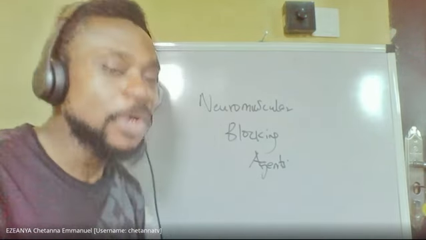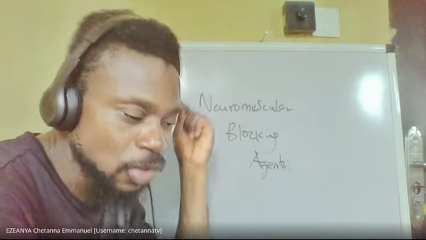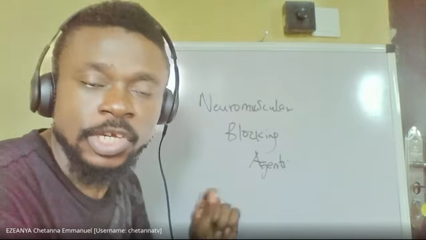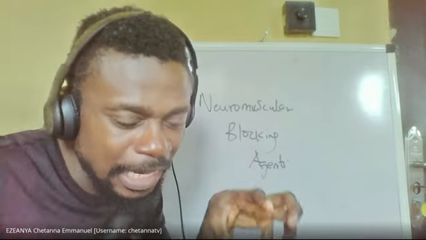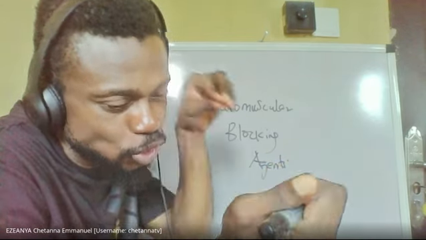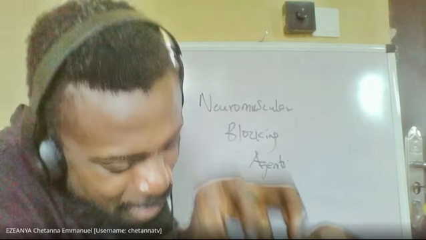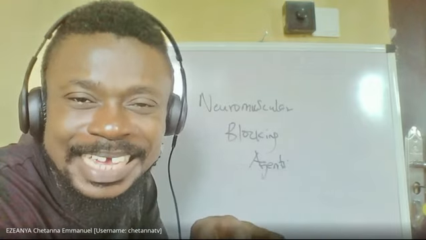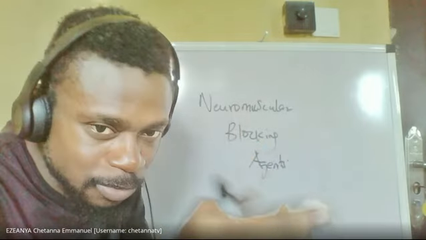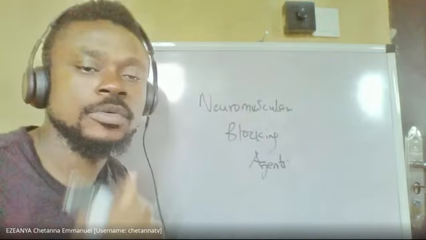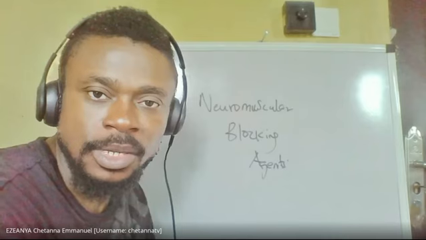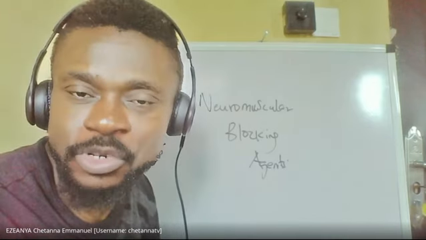Because you want to stop uncontrolled contraction, that is the spasticity, at the neuromuscular junction, at that point where the neurons transmit impulse to that muscle that causes the contraction, you have some drug that can block that transmission of impulse, at least to control the spasm, because the spasm is no longer normal.